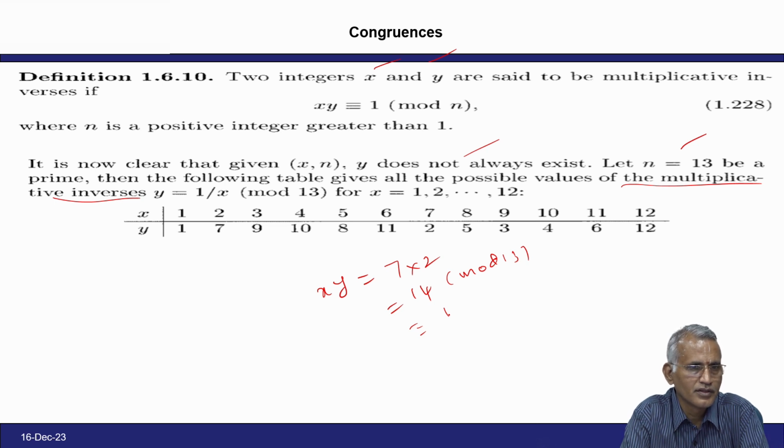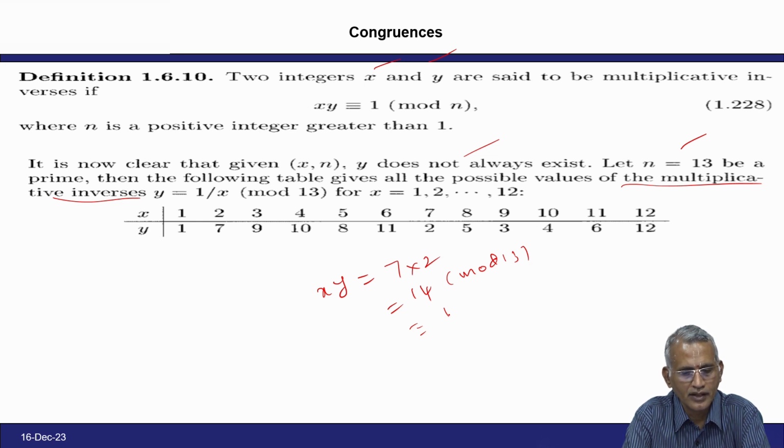So, you check the values of the numbers 1 to 12, one by one, so that you can easily understand which one is the inverse of the other.